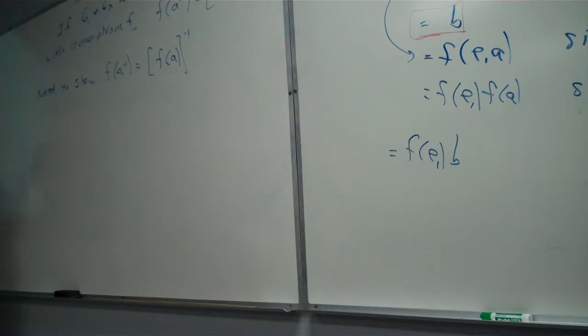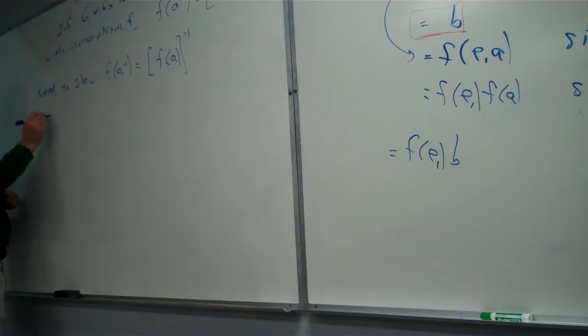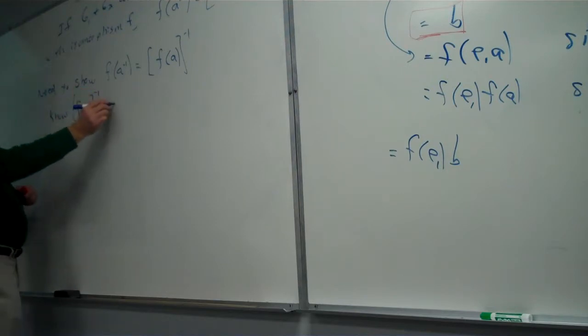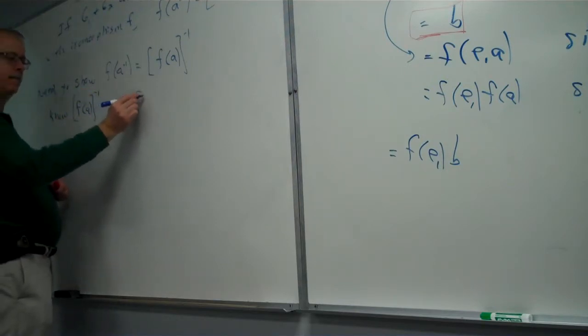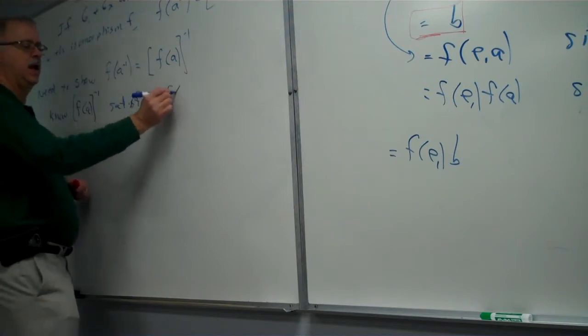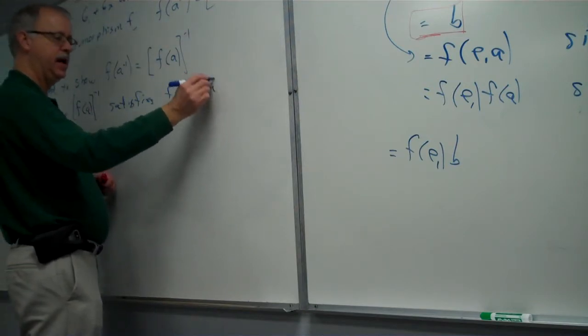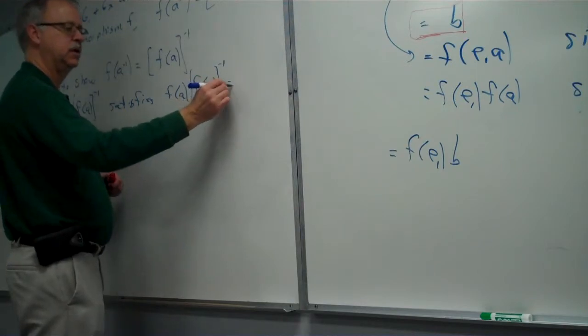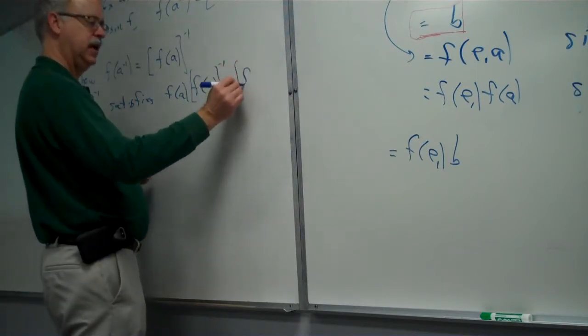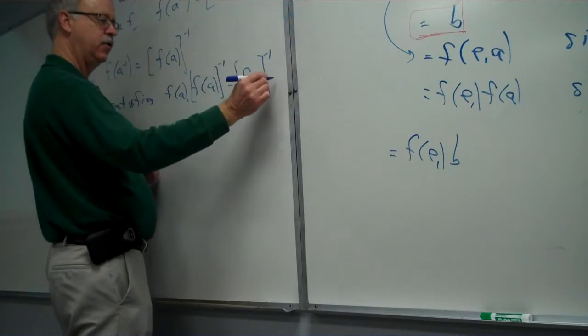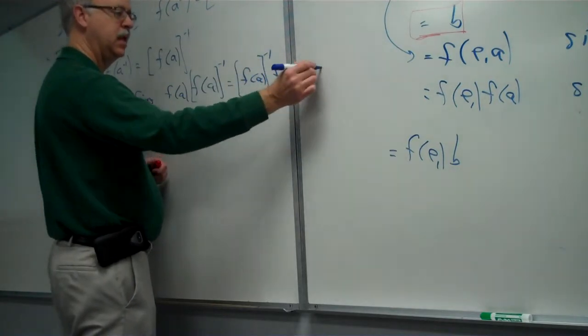Well, not only is the identity unique, each inverse is unique. So if we can find an element that acts like an inverse, it is. So to show this, what we need to show is, well, we know that f of a inverse satisfies f of a times f of a inverse equals f of a inverse times f of a equals the identity.